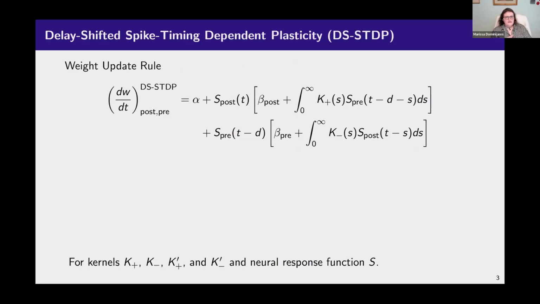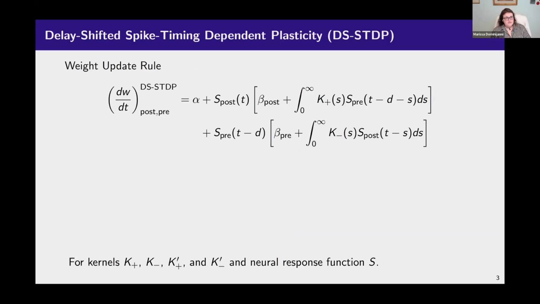To this end, we try to reintroduce this STDP-based rule in as general a form as we could get it. For the weight updates, we have the gating by a postsynaptic activation for the potentiative term, and then proportional to the convolved presynaptic spike train up until the time t minus d.